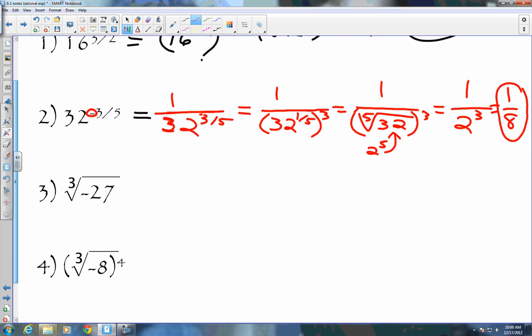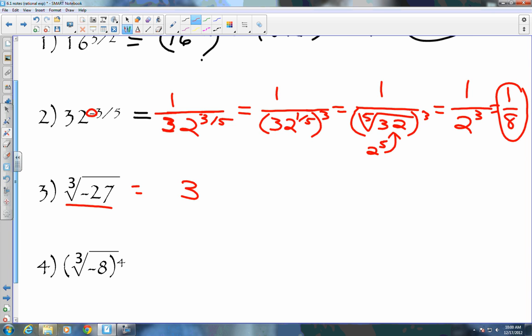Okay, so let's look at another one. We have the cube root of negative 27. So you can evaluate it right like this, or you could write it as negative 27 to the 1/3. Both of those would mean the same thing. So what number times itself 3 times makes negative 27?